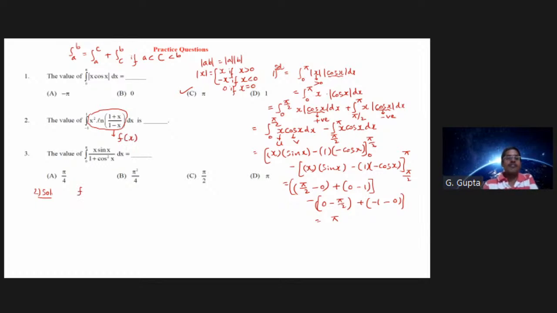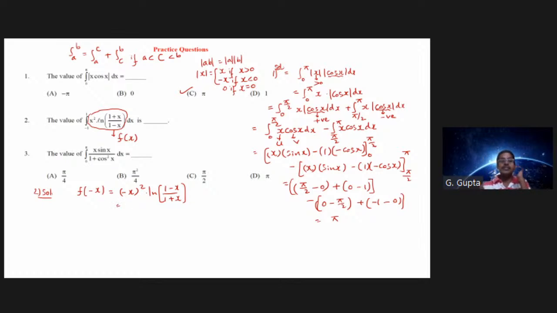So f of minus x. Put x is equal to minus x. That is minus x whole square into log of, ln means natural logarithm, 1 minus x divided by 1 plus x. According to logarithm properties, if you invert the fraction, it is pre-multiplied by minus.